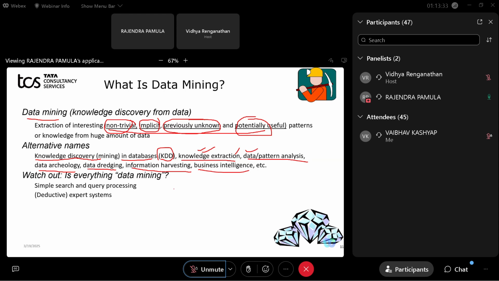Now a very important question comes up: is everything data mining? Can whatever analysis process we do be called data mining?